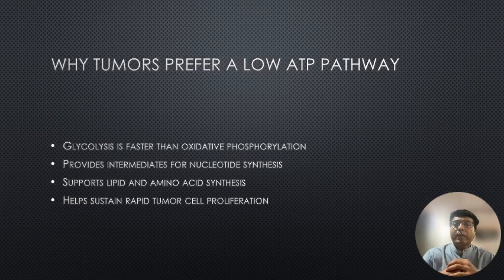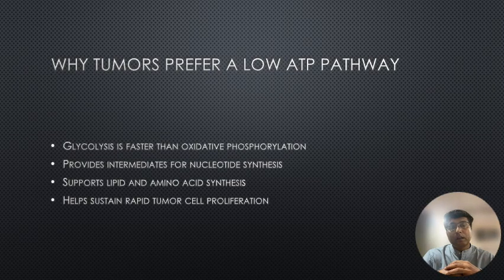So why do the tumors or the cancer cells prefer a low ATP pathway? Here are the reasons. Glycolysis is faster than the oxidative phosphorylation. The intermediates produced in the process of glycolysis are utilized by the cancer cell or neoplastic cell for nucleotide synthesis. And all those intermediates also support the lipid and amino acid synthesis.